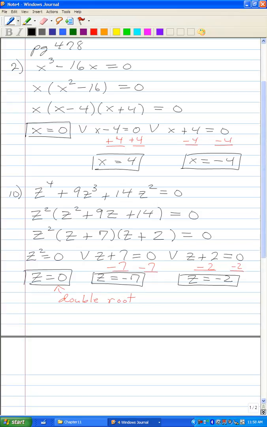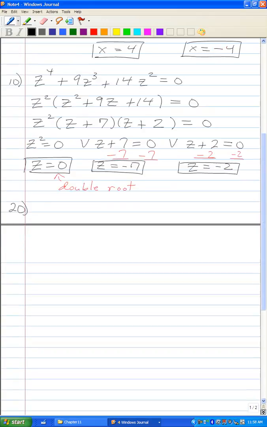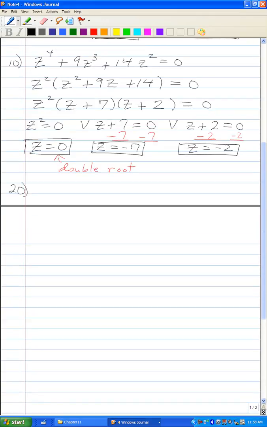Let me do problem number 20. And so x to the fourth. Okay, so in this case, actually, I can't factor out anything in common, but this is quadratic in form.